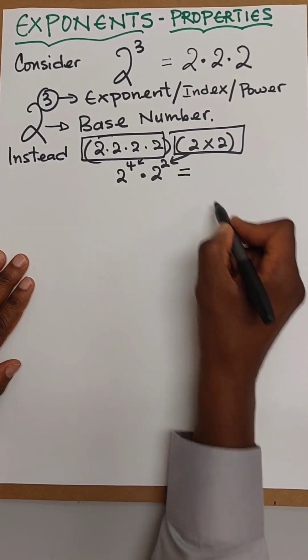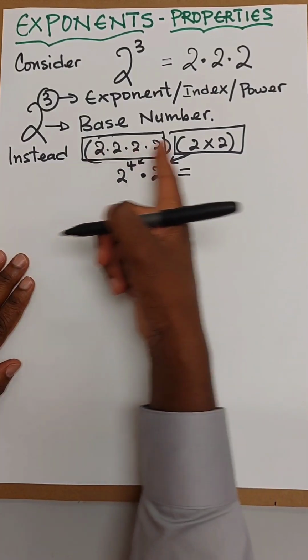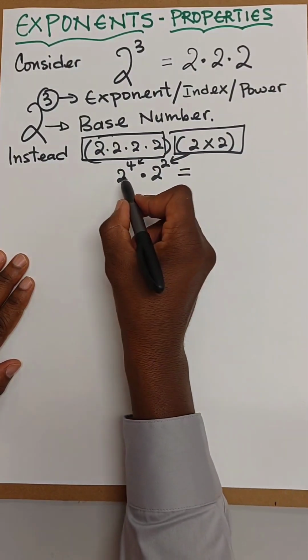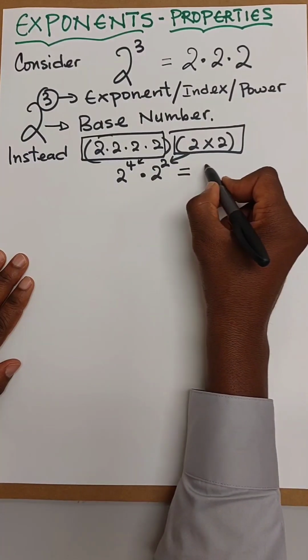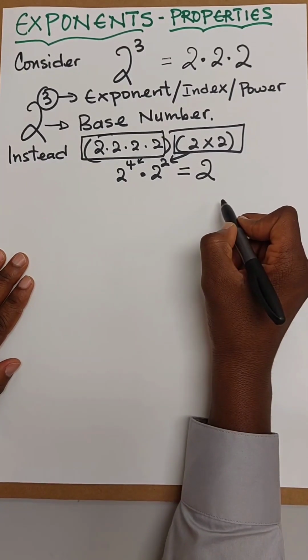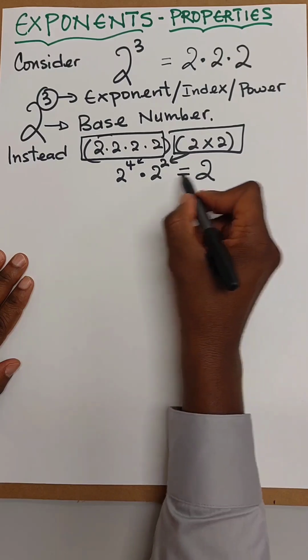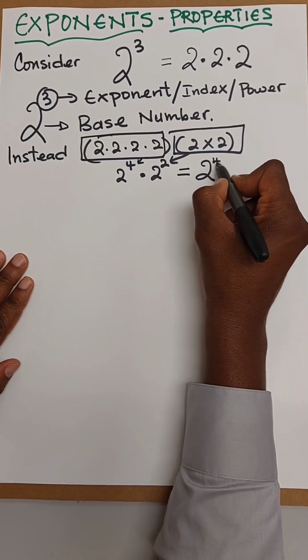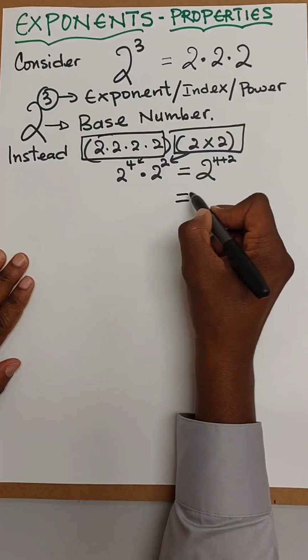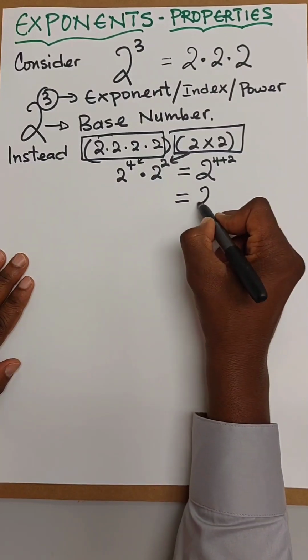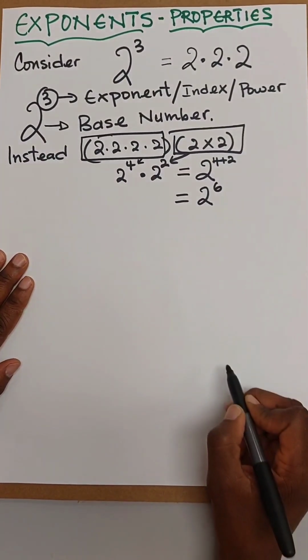The exponent tells us the number of 2's, so we can further shorten it by saying that it has 4 plus 2 2's, so all of this expression simplifies to 2 to the 6th power.